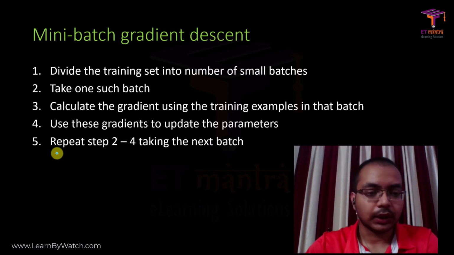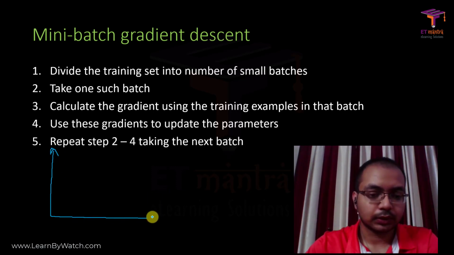Now we'll see how the cost function varies for batch gradient descent, mini batch gradient descent or stochastic gradient descent. The cost function for batch gradient descent, where we take all of the examples, is something like this.